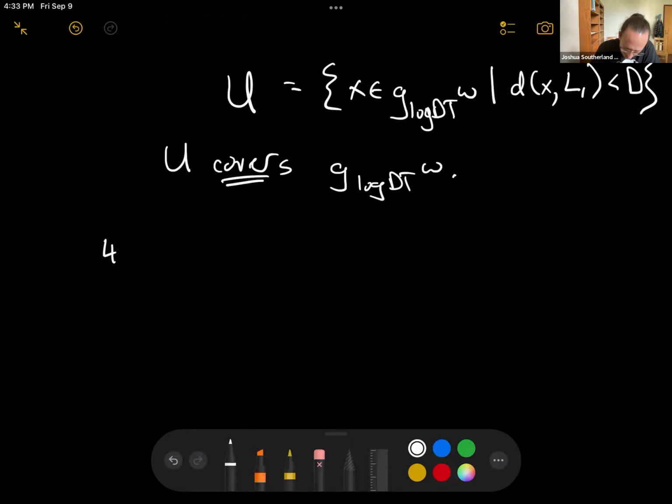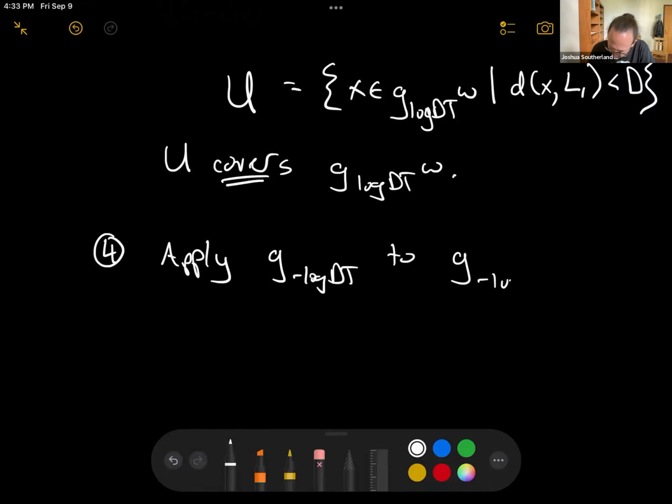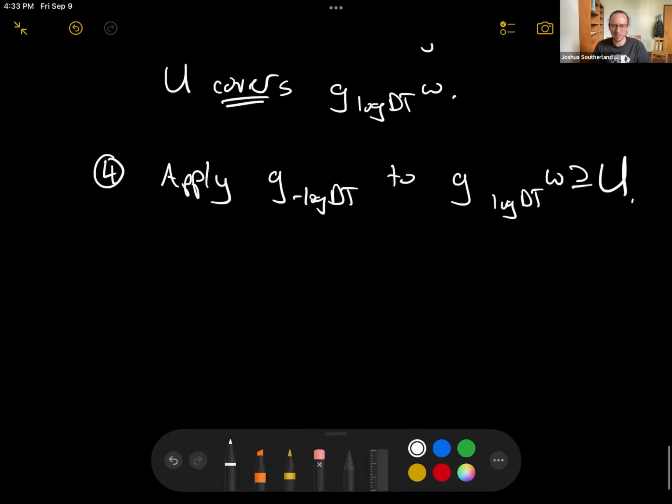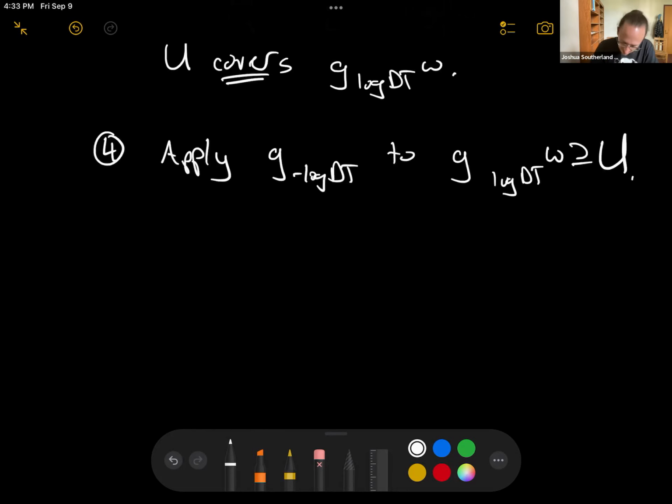So we're going to apply g minus log dt, or g plus log dt, to omega, which is covered by u. Essentially, we're applying it to the translation surface. It just happens to be covered by this neighborhood.